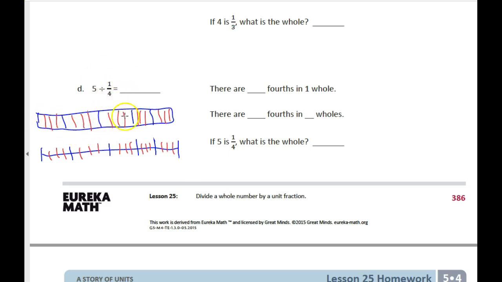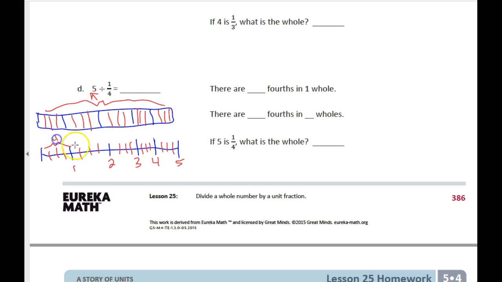We started with 5 wholes. If this was 5 wholes, I had to draw a line so it points at the 5. There we go. 5 wholes, and this one's 1, 2, 3, 4, 5. And there's fourths. There's 4 fourths inside each one of them.